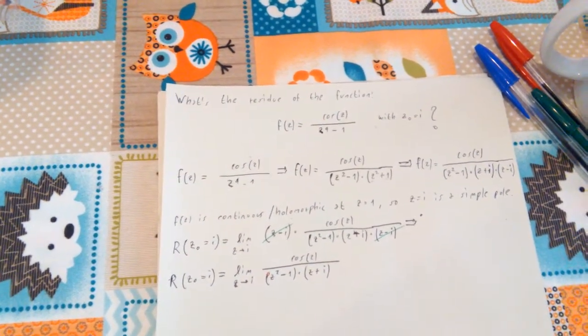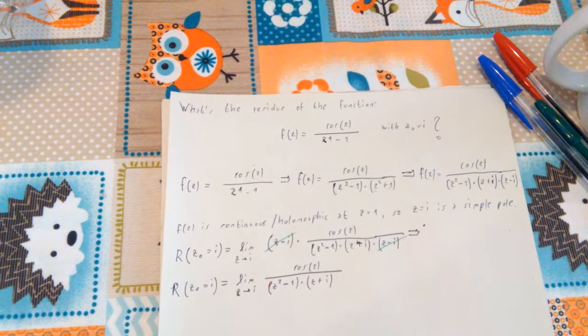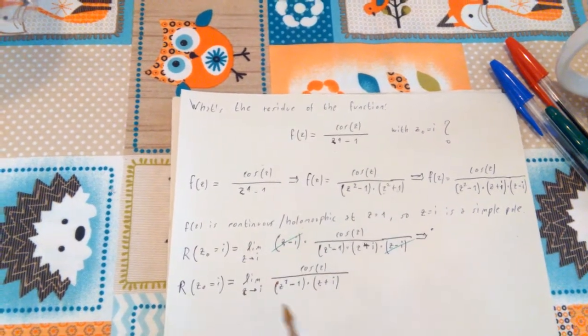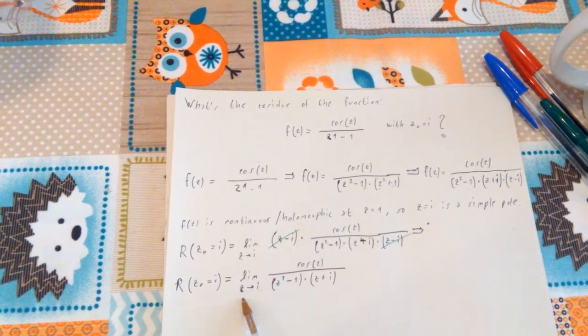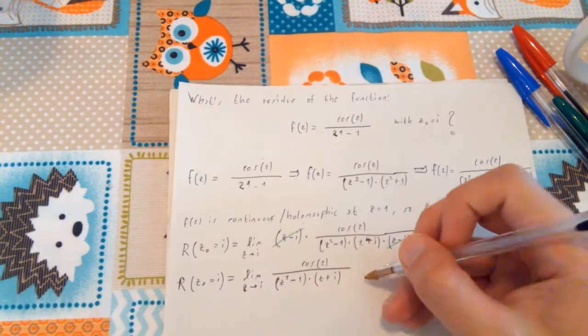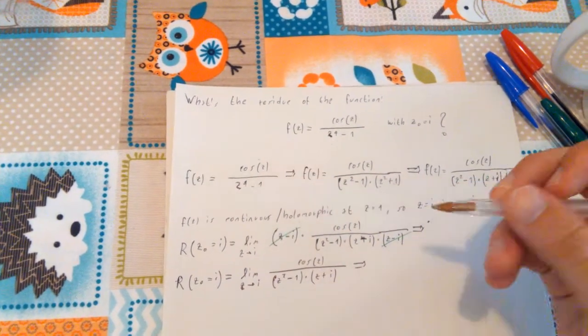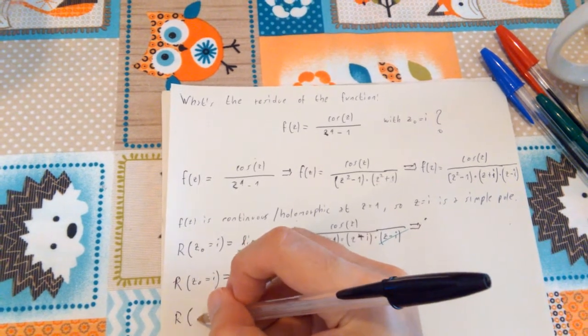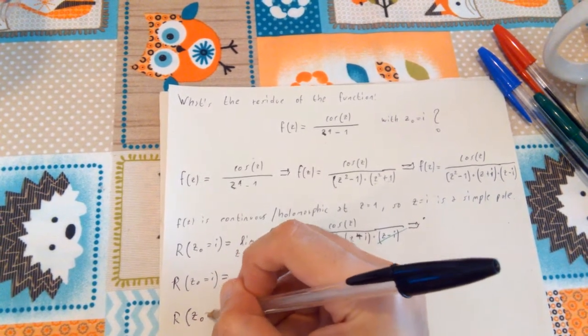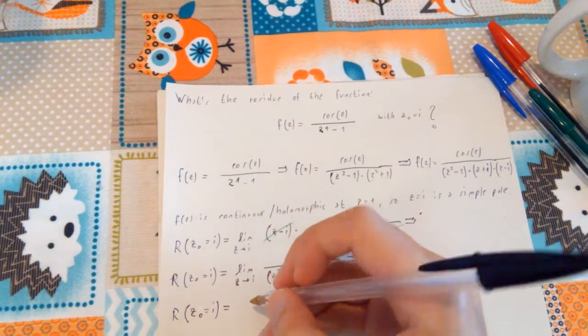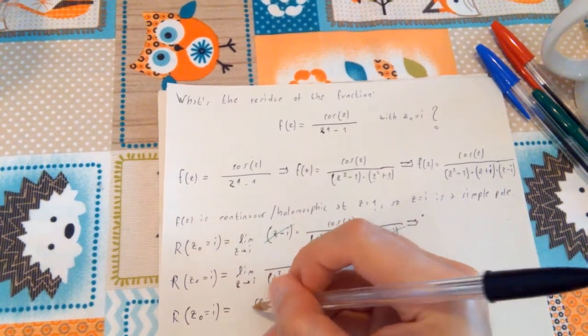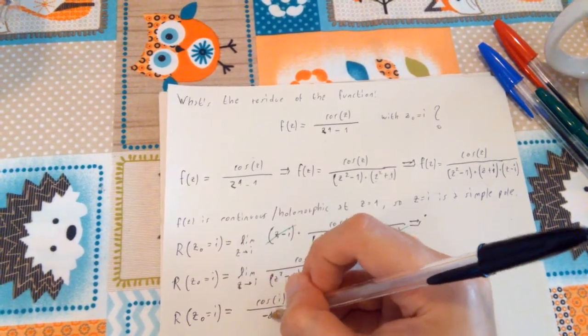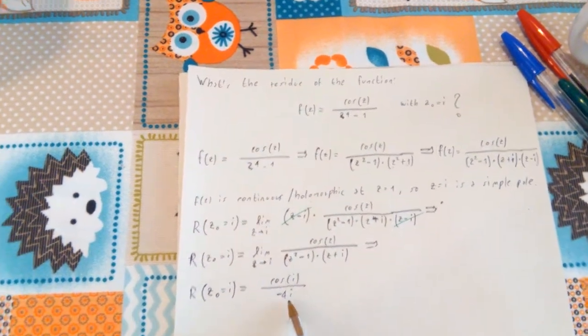Now, we are getting closer because we can substitute z with i as we have the limit. If we substitute that, we get that the residue at z0 equal to i is equal to cosine of i over negative 4i.